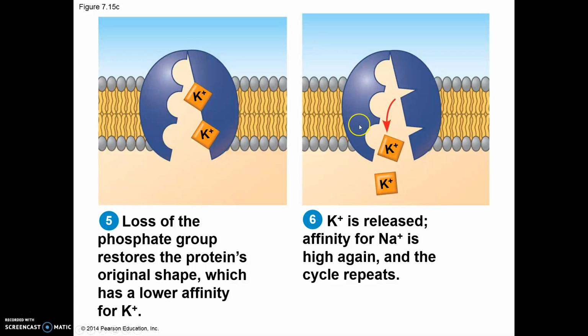Using this mechanism, we can continually pump sodium out and potassium in, regardless of what the internal and external concentrations are. Even when we are continually putting more and more sodium outside and more potassium inside, we can still keep driving that process. When this happens, this protein can then repeat its cycle.